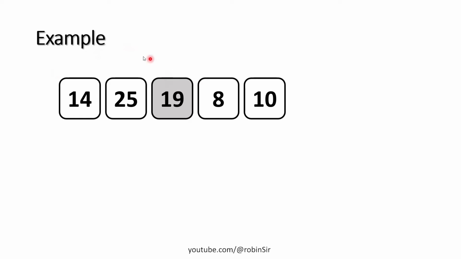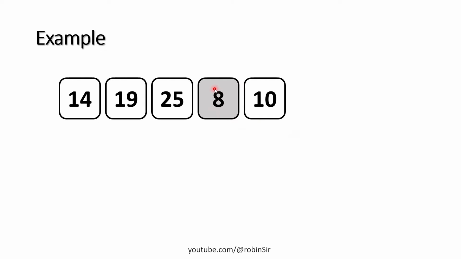We should put 19 in between 14 and 25. That's why 25 is shifted to the right so that we get space for 19. This is the new arrangement: 19 has been placed between 14 and 25. Now these are the 3 sorted elements, whereas 8 and 10 are unsorted.